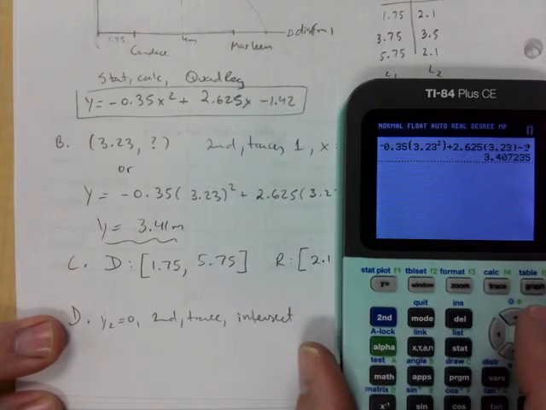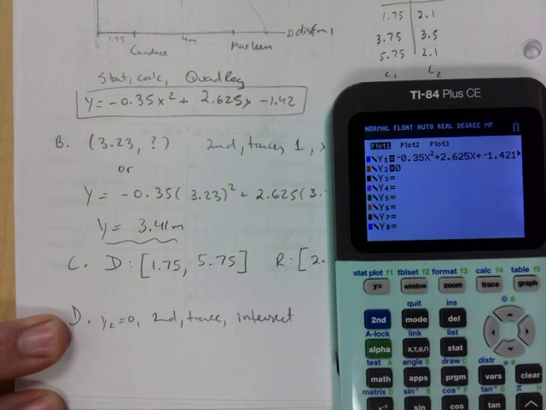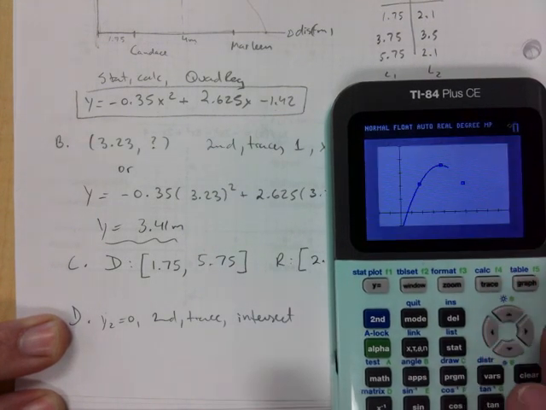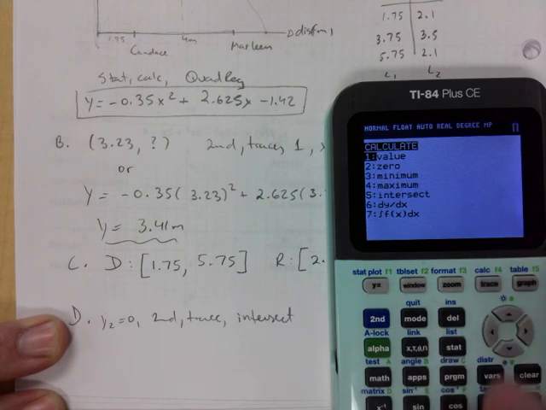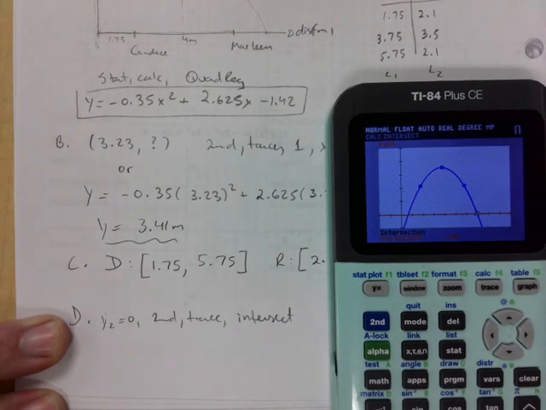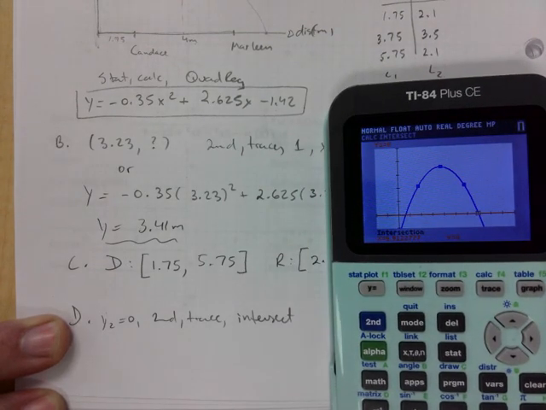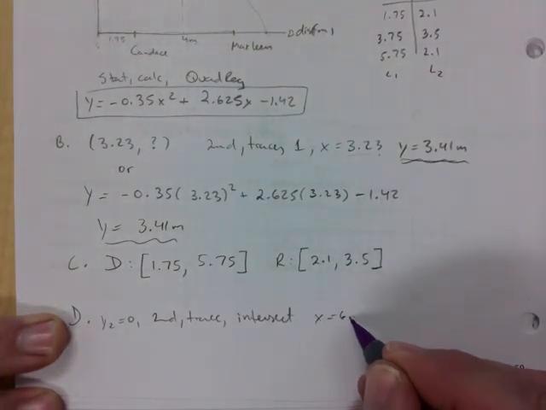So let's go ahead and do that. There we go. We're interested in that point right there. So second trace 5, and you can get it there: x is 6.91 meters.